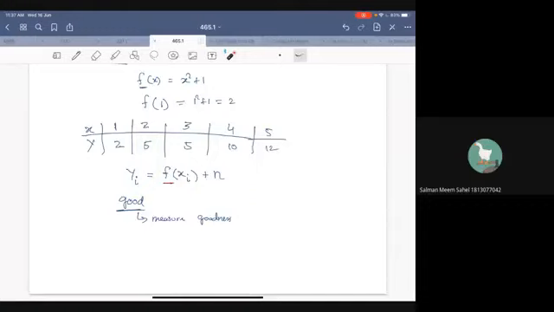Because it would go through all the points. Sure, it would definitely go through all the points. But is going through all the points really what we are after? Not really, we're trying to look for a general model. Yeah, that's actually a very good observation.